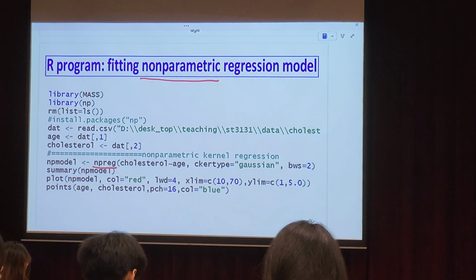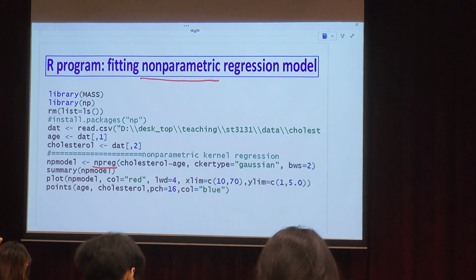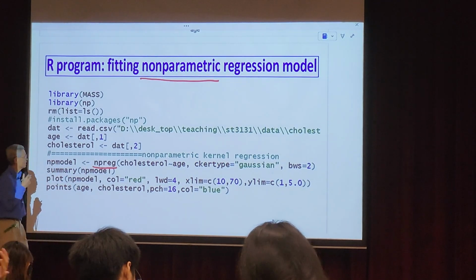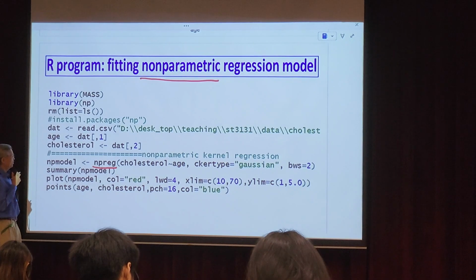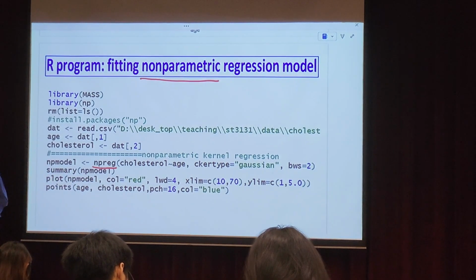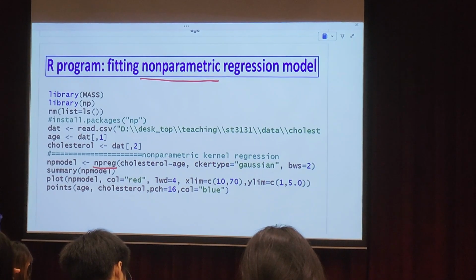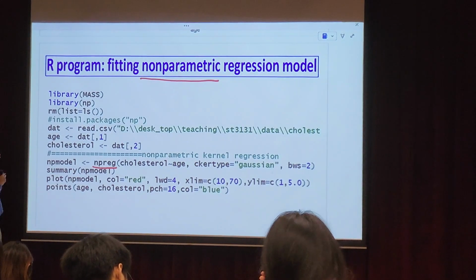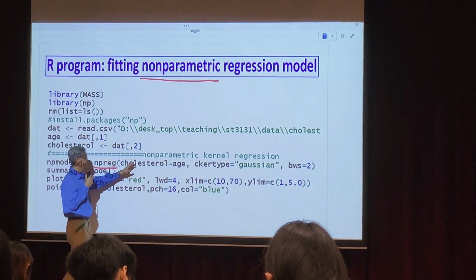Whatever I ask you today won't come out anymore, okay? But you can get some idea. Well, I hope you don't learn this by copying down the formula. You learn it because you try out using R. You don't even need to remember it. And here's the model, cholesterol versus age.